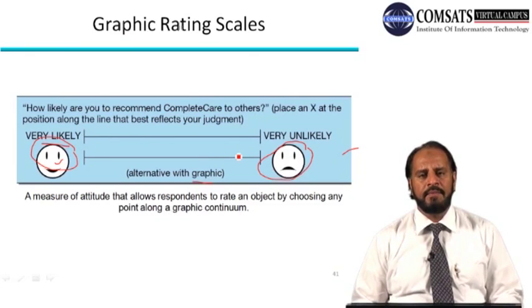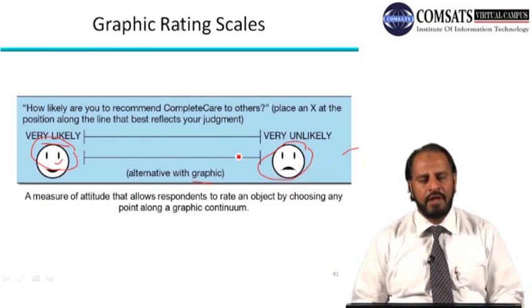In the next session we will further talk about what happens once we develop our questions and the scales associated with those questions. We need to see whether these questions, along with their scales, have been able to properly measure what they are supposed to measure.